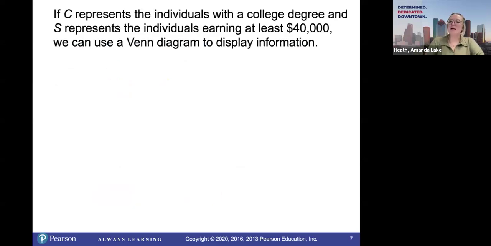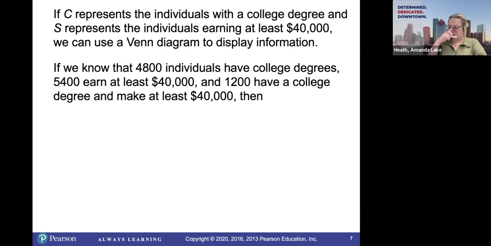Okay, so if we go back to that example about people with college degrees and people who earn at least $40,000 a year, we can use a Venn diagram to display some information. Let's say that we are given the fact that 4,800 individuals have college degrees and 5,400 earn at least $40,000. 1,200 have a college degree and make at least $40,000.